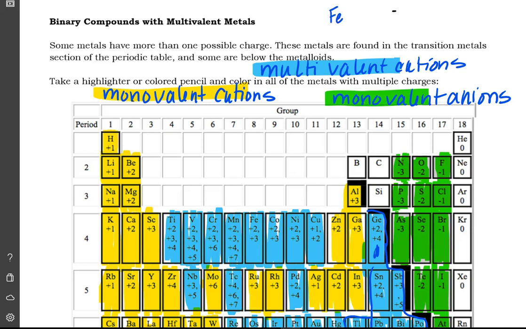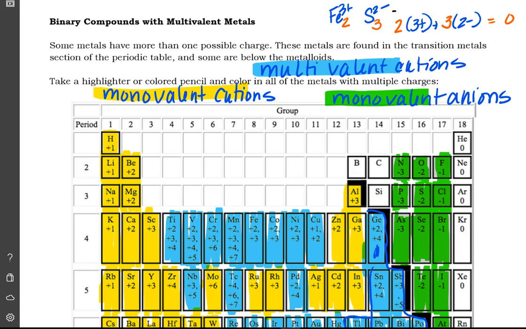But iron +3 would not add up to 0. Then we would need to do our algebra problem. If we have a 3+ and a 2-, and we're going to multiply those, that has to add up to 0. What times 3 would give us 6? 2. What times 2 would give us 6? 3. That means we're going to have 2 irons and 3 sulfurs.